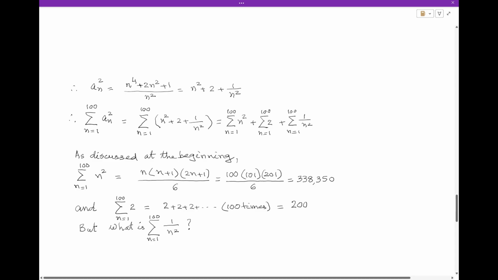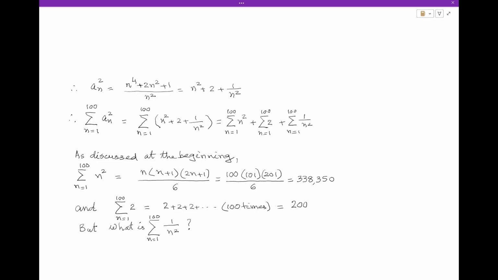Since an is equal to n square plus 1 divided by n, we get an square is n to the power of 4 plus 2n square plus 1 divided by n square, and that is equal to, if you divide all the terms of the numerator by n square, n square plus 2 plus 1 divided by n squared.